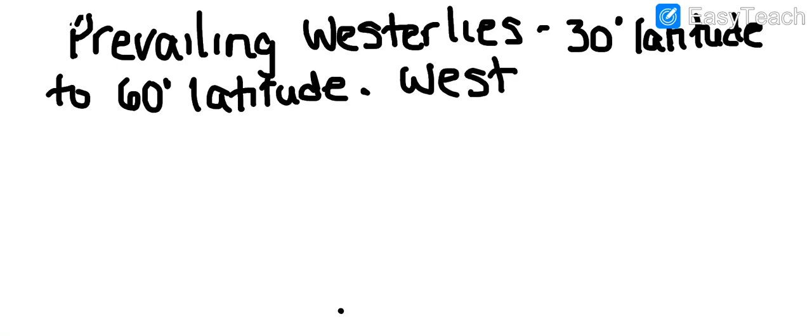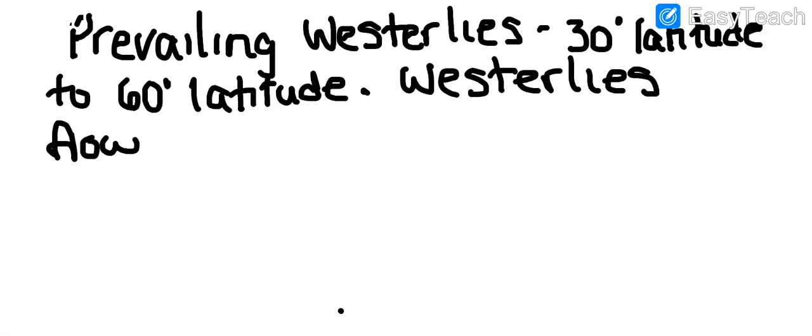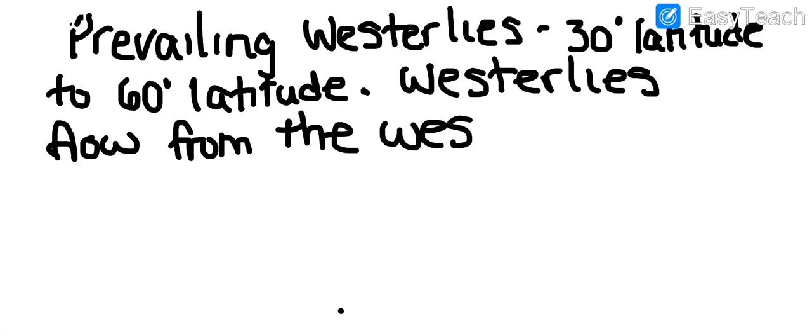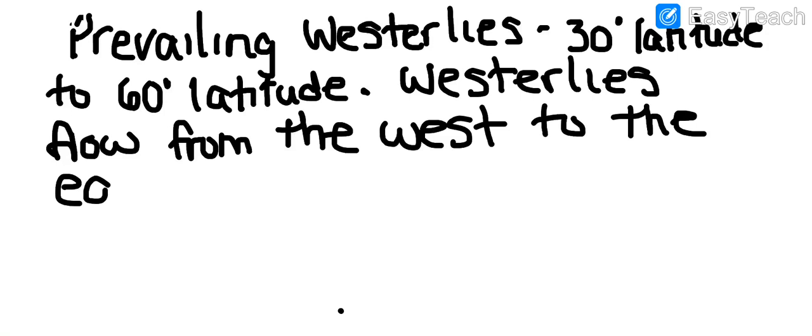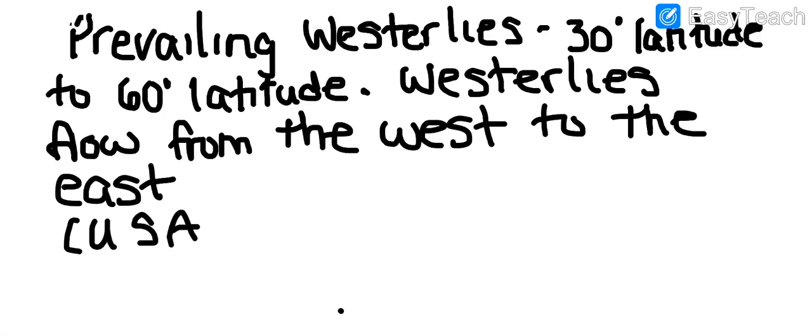Westerlies flow from the west to the east, and a big thing that is important is it is the United States wind belt. It's where we are located within.